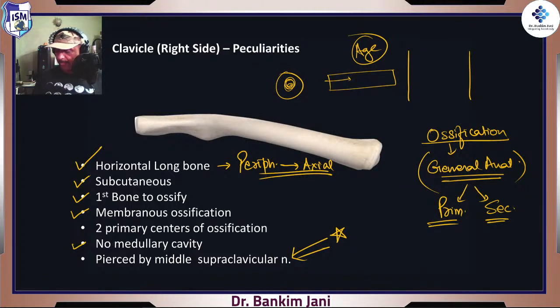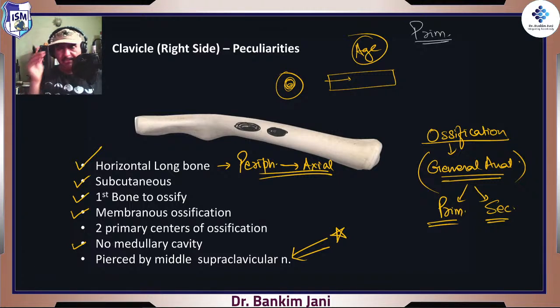As we said, there are primary and secondary ossification centers, right? And especially in this case, there are two primary centers. Now those two primary centers are somewhere in the shaft, over here, right? These are the primary ossification centers. Now there is always a time associated with these ossification centers, that is, at what age it develops.